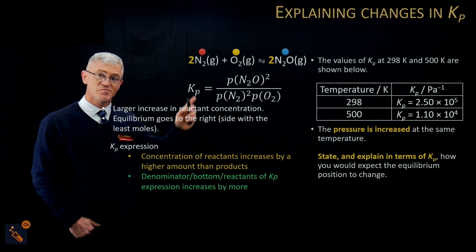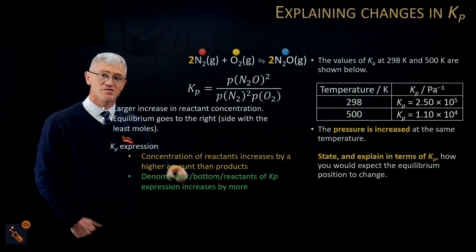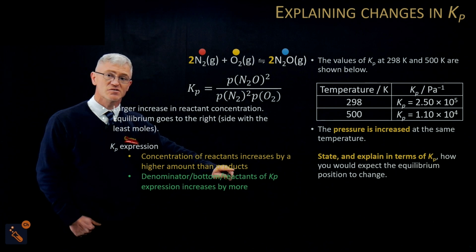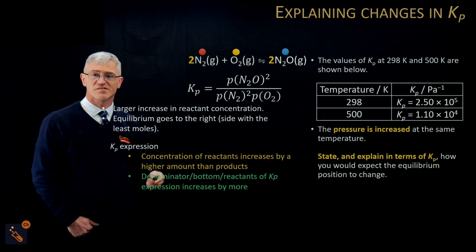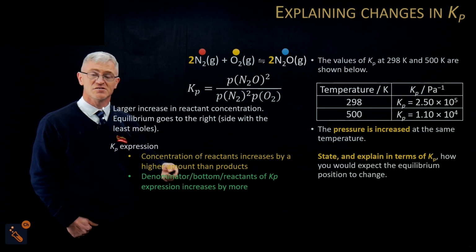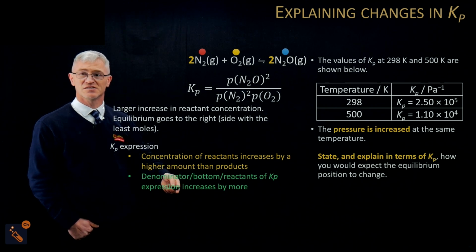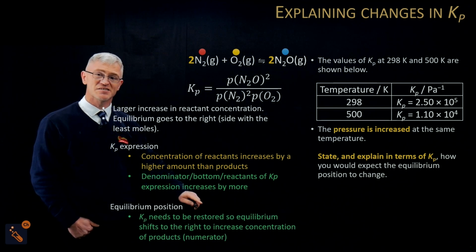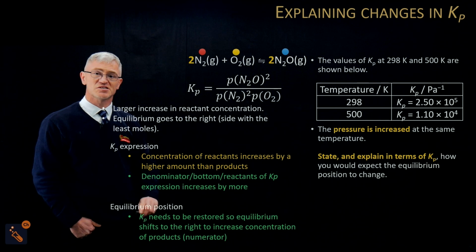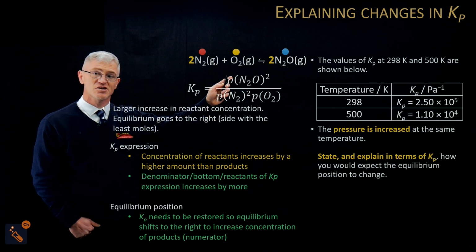Now that means the denominator, which is the reactants, which is the bottom of the Kp expression, increases by more than the top. That means Kp originally will change. What happens then is that the Kp needs to be restored. So it shifts to the right to increase the concentration of the products, which is the numerator.